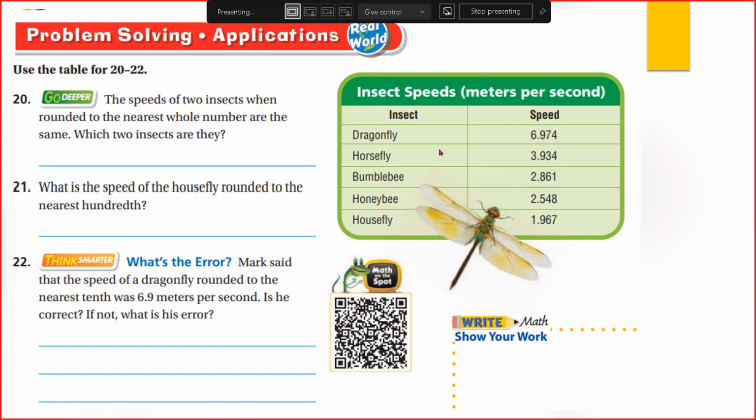Okay? Which two insects are they? Here you have a dragonfly, horsefly, bumblebee, honeybee, and housefly. They told me that when you round two of them, they have the same rounding. Which are they? Let's round the first one.